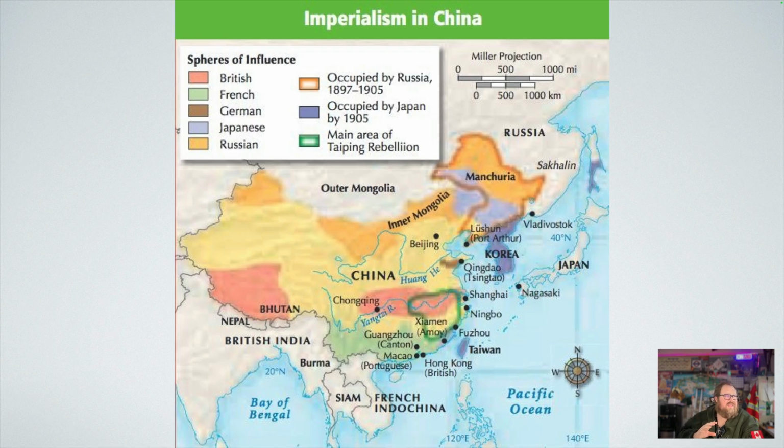There's another one, and the one you can't really see there, it says Hong Kong British, but you don't really see the orange, is Hong Kong. Britain actually signs a lease agreement around this time to control Hong Kong for 99 years.